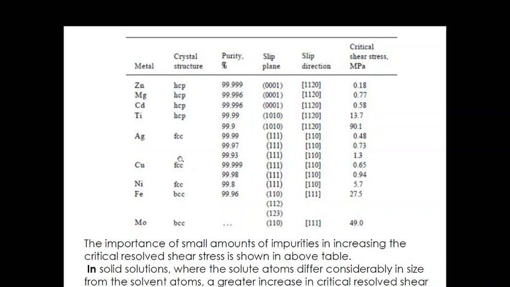Similarly, you can see for titanium. So the importance of impurities for the critical resolved stress is very high. In solid solutions where the solute atoms differ considerably in size from the solvent atoms, a greater increase in critical resolved shear stress is observed, and that we will study at the time of strengthening mechanisms.